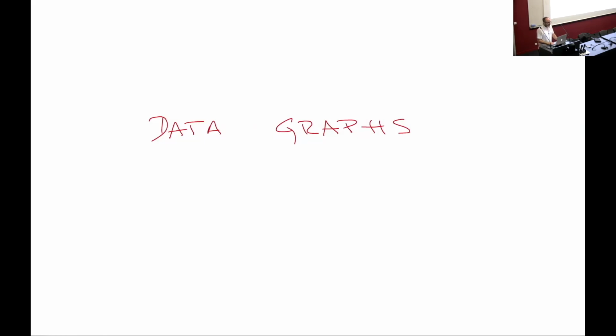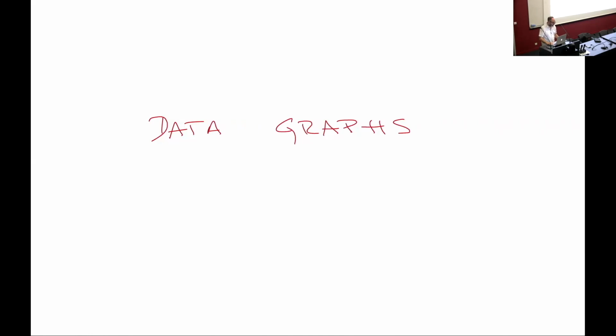But what about adding data then? Remember that the model of property graphs had a lot of data. Each node and each edge was a small database. So how are we going to model that without going into the whole very expressive model of property graphs?